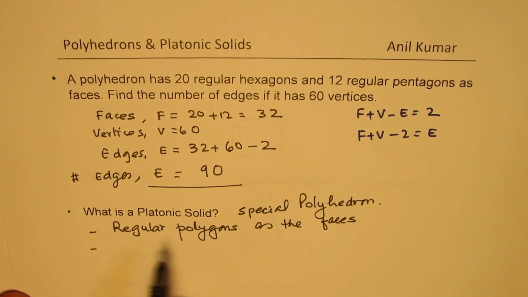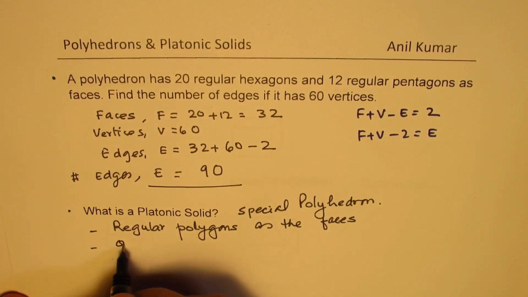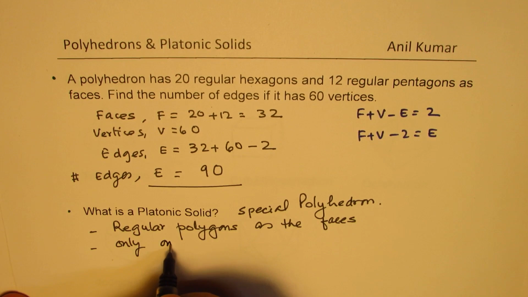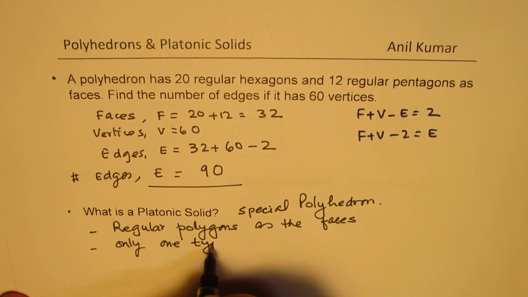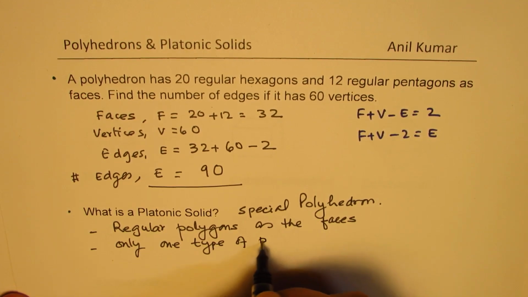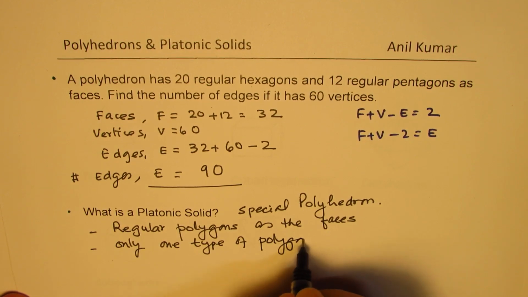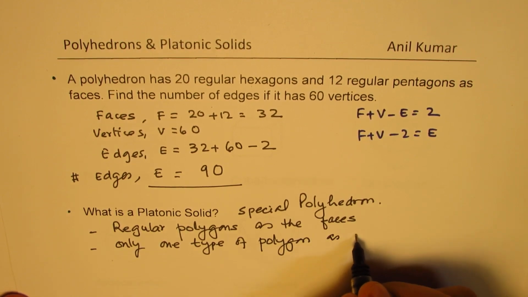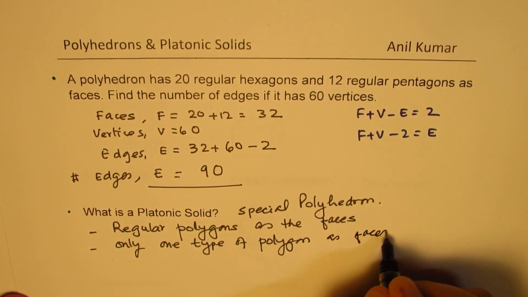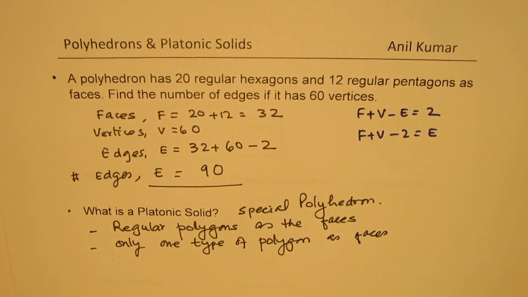Regular polygons as faces and only one type of polygon, not a combination of two as you saw in pyramids. You see that? That is very important to understand. The same number of faces meet at all the vertices, that is also important.